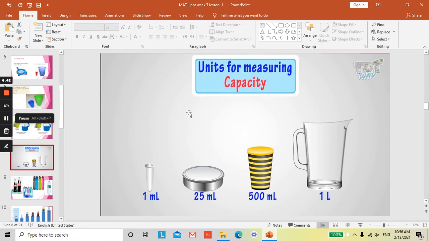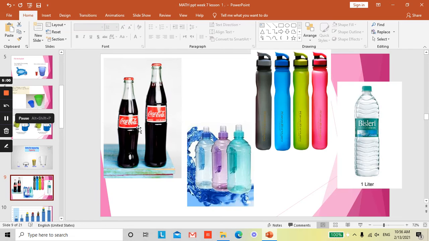Here are some units for measuring capacity. We have 1 milliliter, 25 milliliter, 500 milliliter, and 1 liter. We have some bottles. These are the bottles that we have come across, like the Coca-Cola bottle. We have 1 liter bottle and we have half a liter bottle.